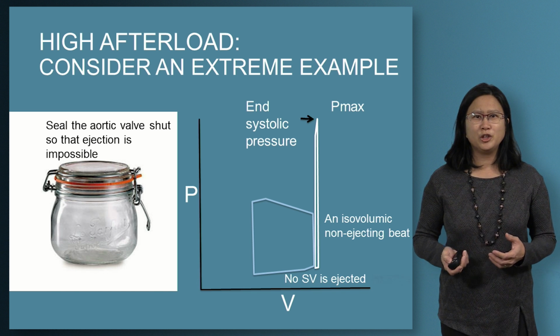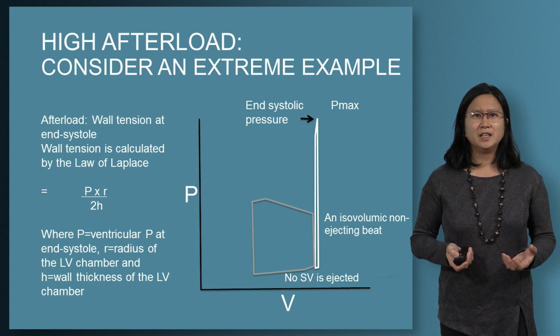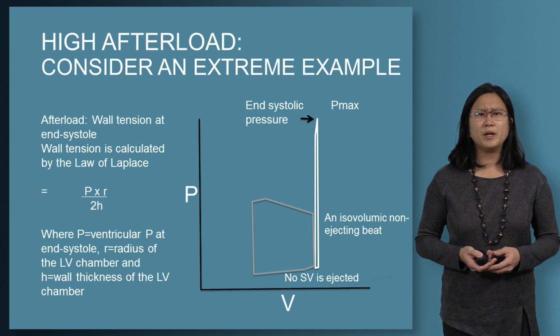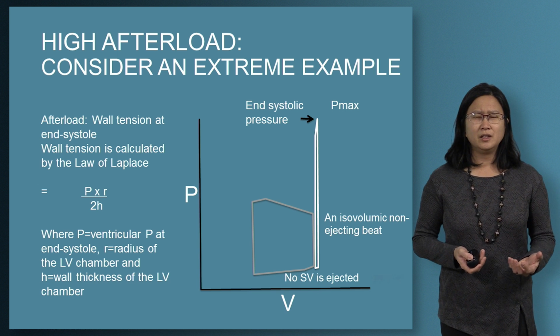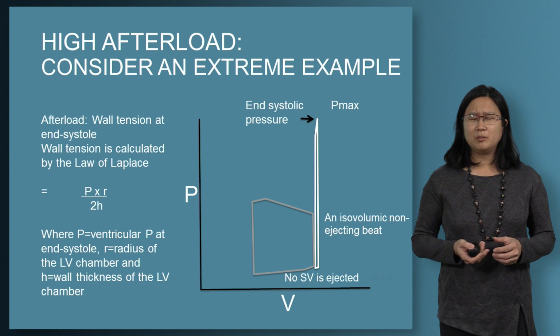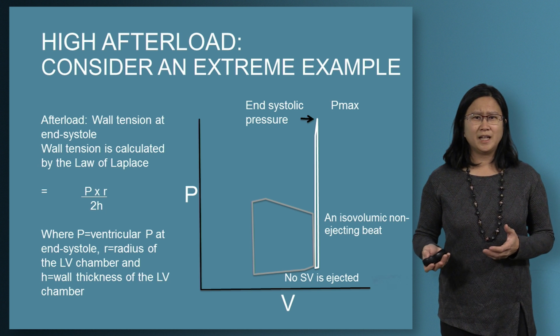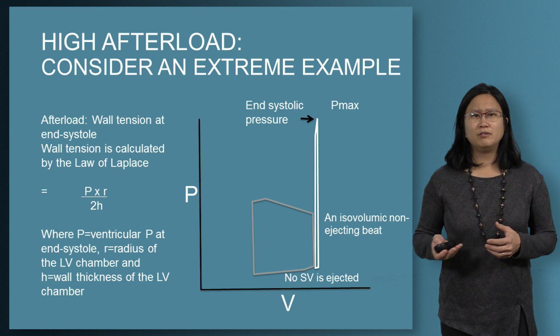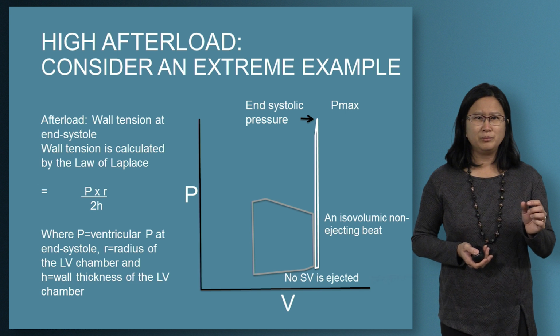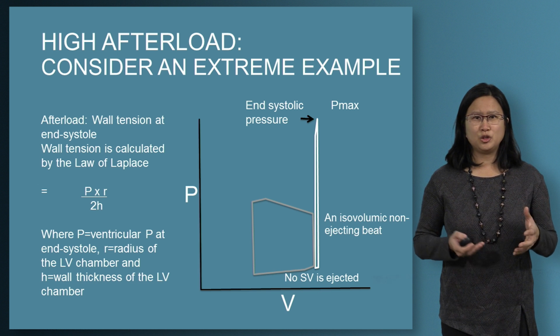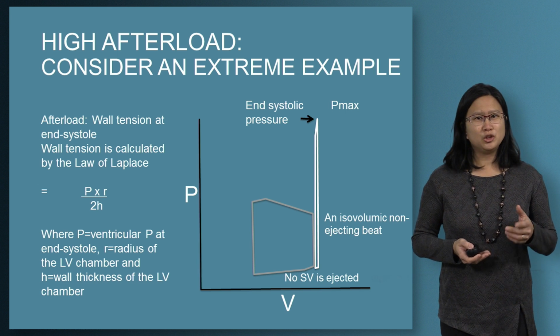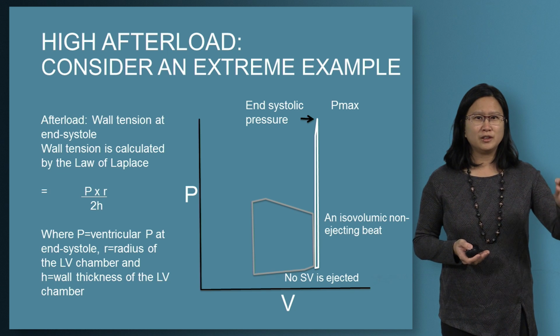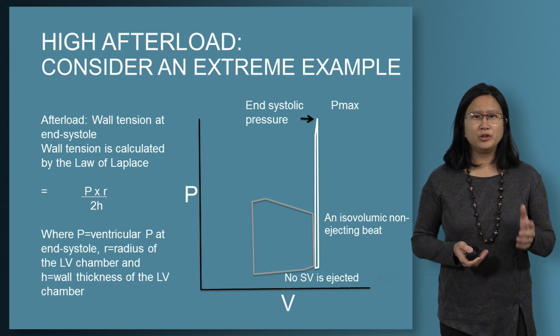How we measure that quantitatively is, as I said, wall tension. So we measure wall tension at end systole. Wall tension is calculated by the law of Laplace. As you may remember, the law of Laplace is pressure within the chamber times its radius divided by 2 times the chamber wall thickness, where pressure is the pressure in the ventricle at the end of systole.